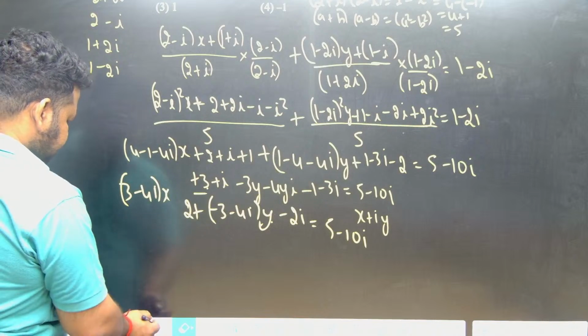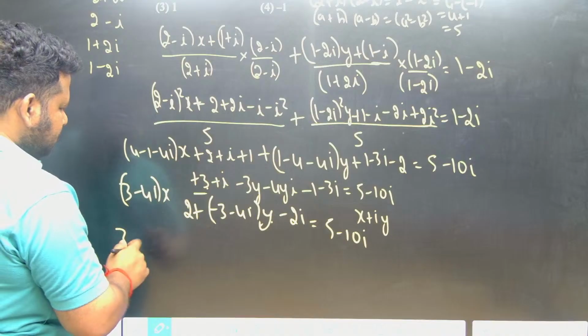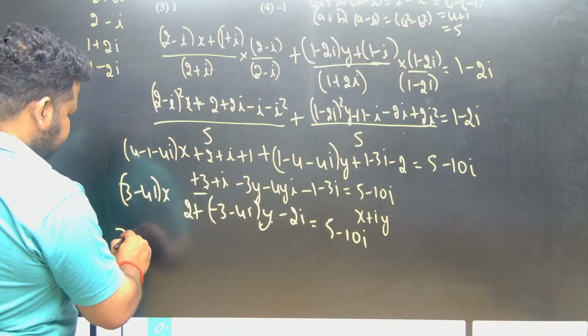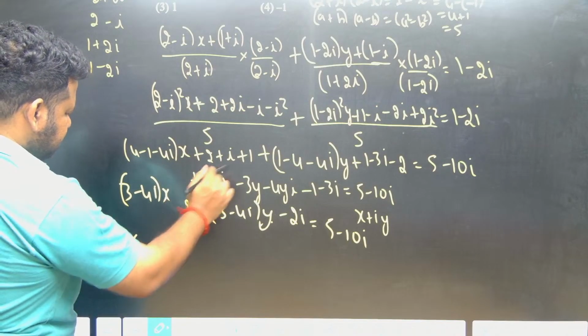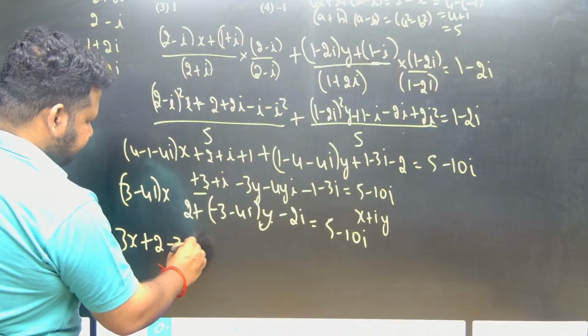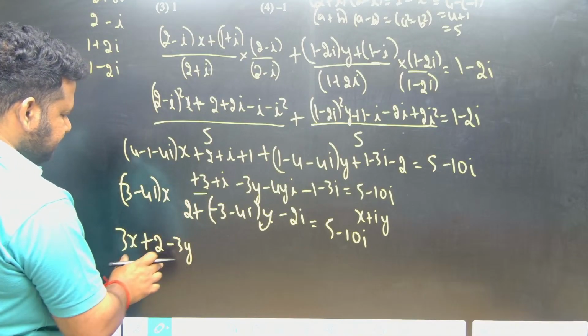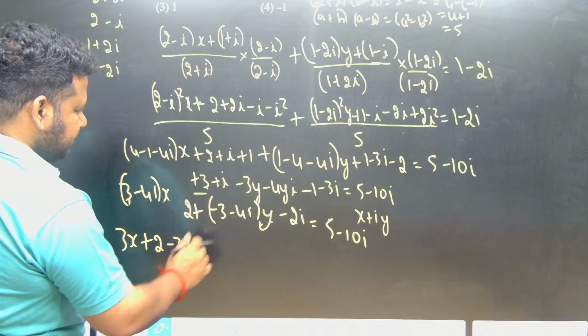This will be, I am having 3x, correct? 3x plus 2, 3x plus 2 minus 3y. This is done.